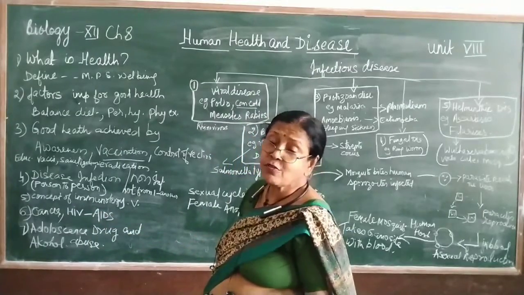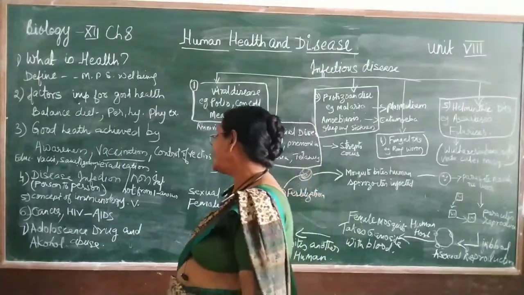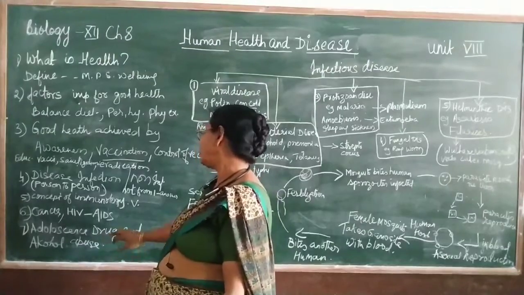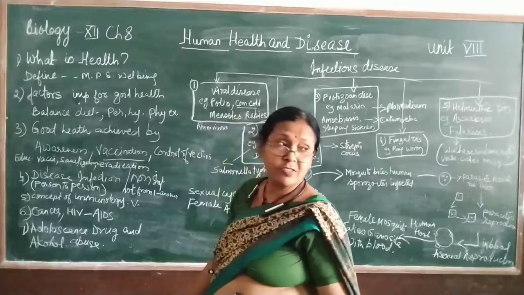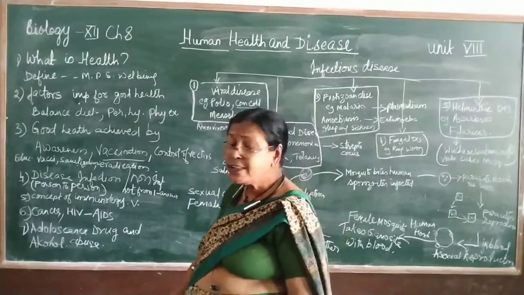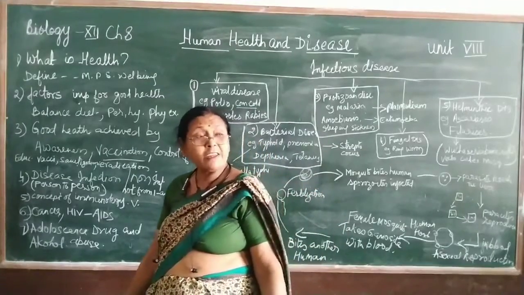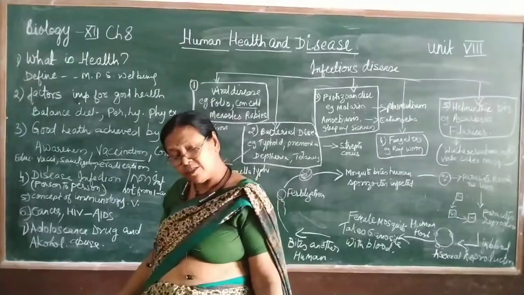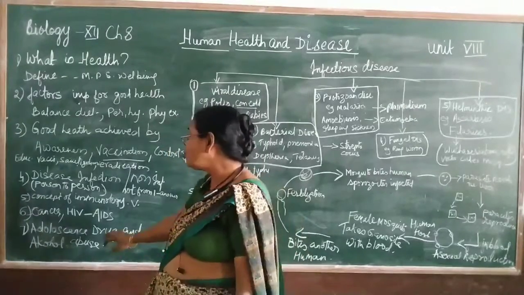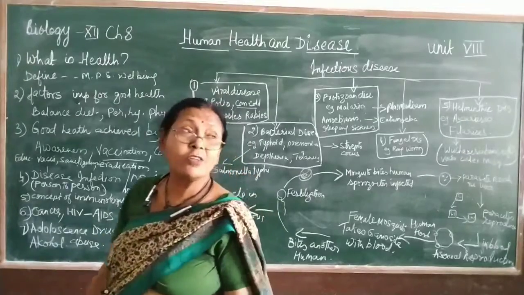Now, the last of all is adolescent drug and alcohol abuse. This is not at all a disease in the usual sense. It is something of a social disease. So, drug abuse is a social disease.